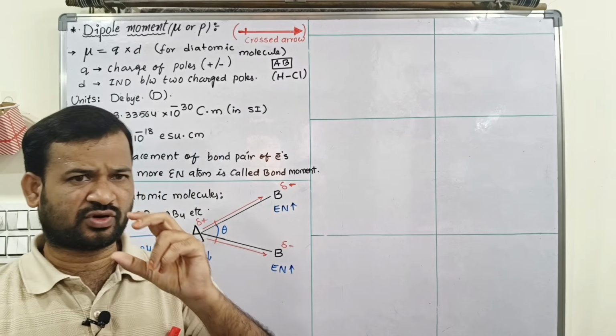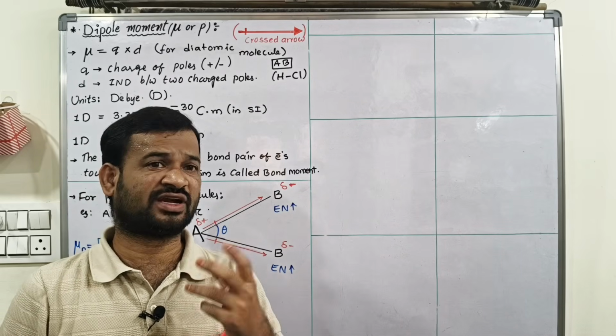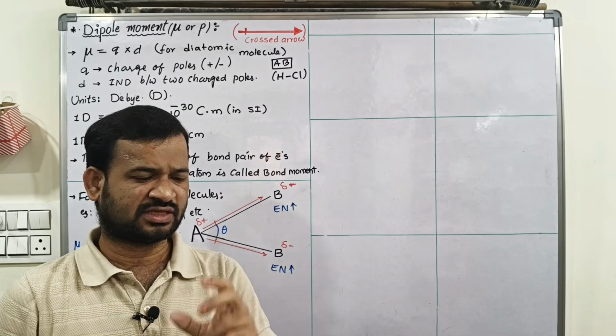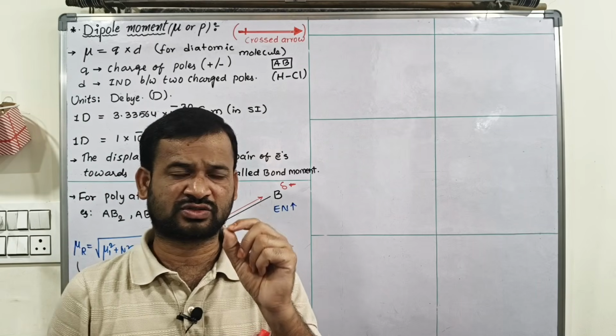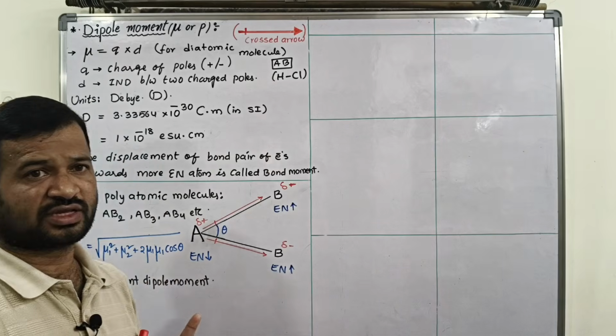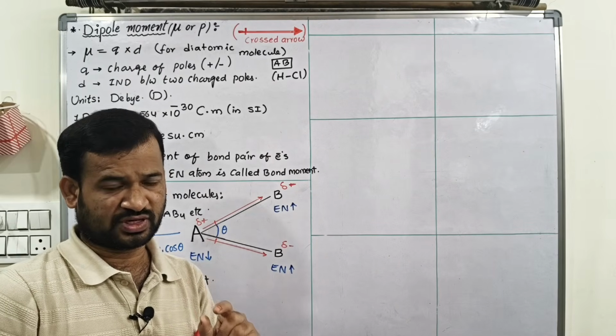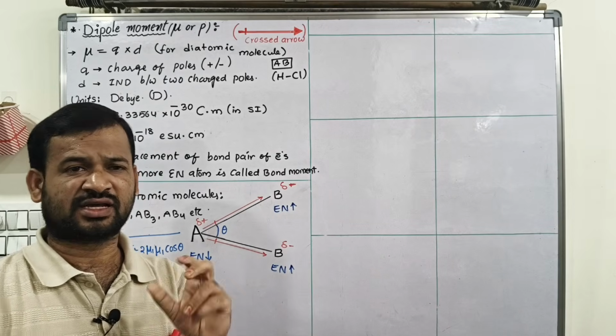If a molecule contains different bonded atoms, they have different electronegativity, meaning a difference in the bond moment, then dipole moment is not equal to 0. So for symmetrical molecules dipole moment is 0. Dipole moment is 0 means bond moments will be cancelled.